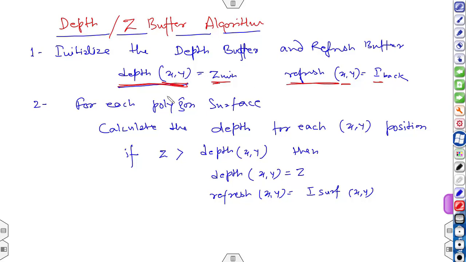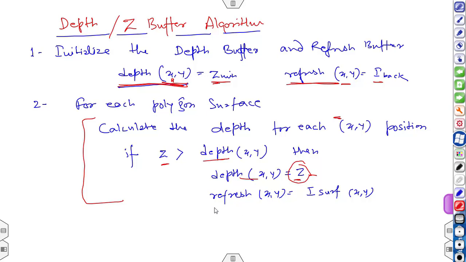Now for each polygon surface we do this operation. First of all we check for every xy position whether z of that xy position is greater than depth xy, which is stored in the depth buffer. If z is greater than the already stored depth at that xy position, then we reassign z into depth xy, because the greater z will always be nearer to the image plane.